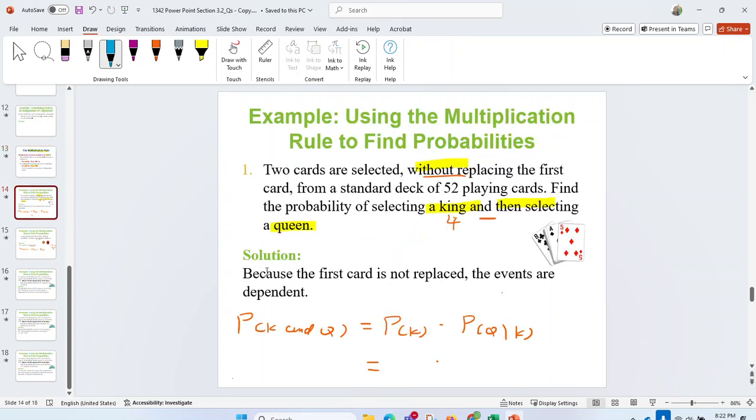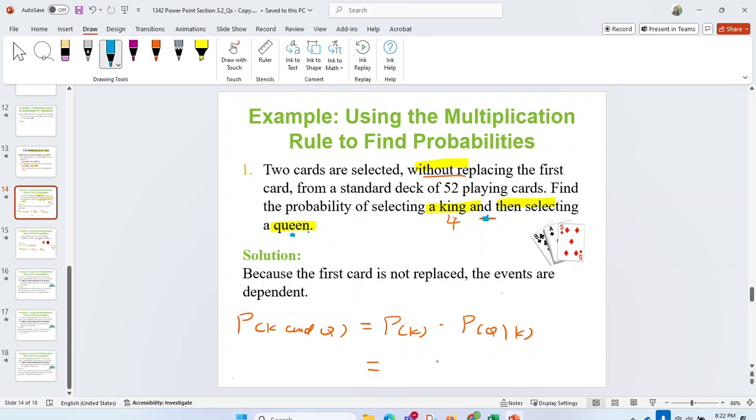All right, so look at this one right here. If you select two cards without replacing, that means the first card is already out, from a standard 52 cards, find the probability of selecting a king and then selecting a queen. When you see the "and", there are two events here. Event 1 is getting a king. Event 2 is getting a queen.